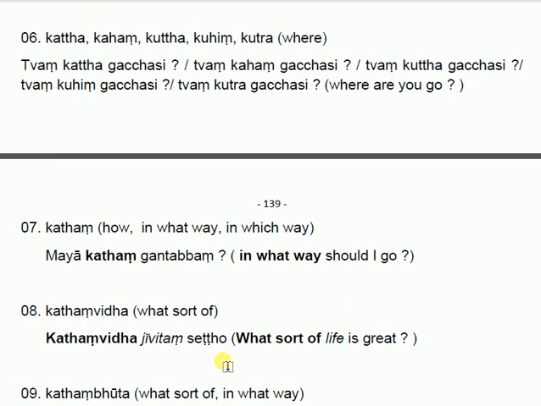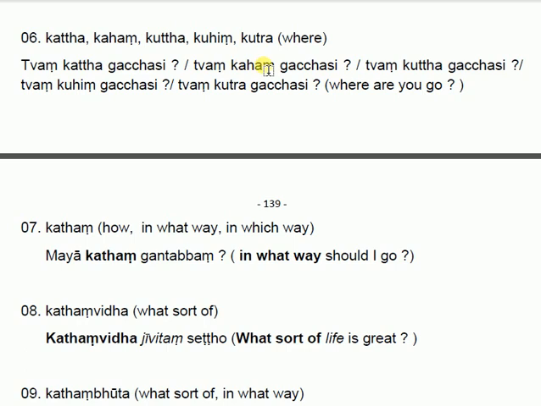Number 6. Katta, kahang, kutta, kuhing, kutra mean where. All of these mean where. Katta, kahang, kutta, kuhing, kutra.